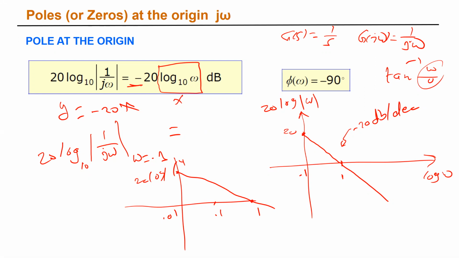Now, suppose I have not one pole, but two poles. What will happen to the slope? We add them. If I have two, each one contributes minus 20, so two will contribute minus 40.